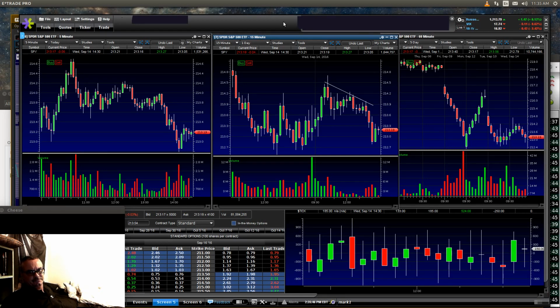I was just thinking how this is a nice triangle here. Like, is the 5 minute setting up a bullish pennant, while the 15 minute is setting up a bearish flag? I don't know. Don't put too much stock into chart formations.